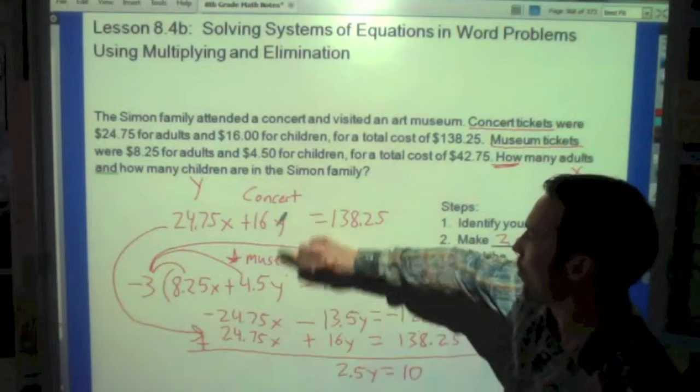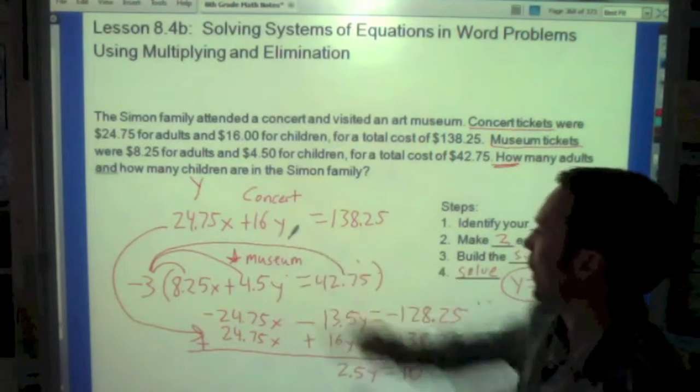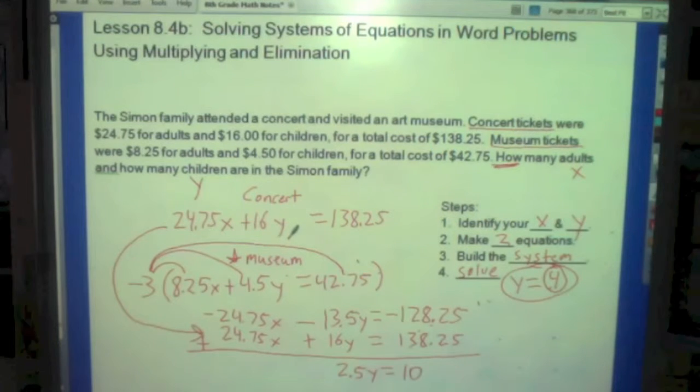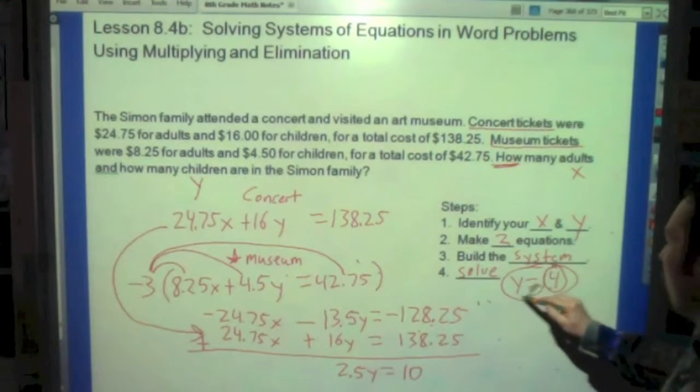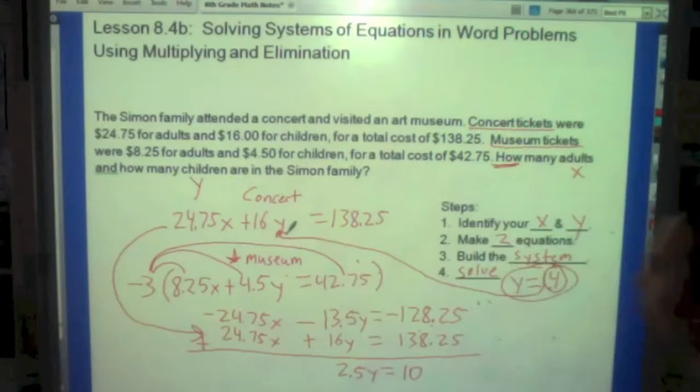It doesn't matter which one we use. I'm going to go with the top one because I think it looks a little better. So I'm going to take 4 and replace it with y, and then that will allow me to solve for x.